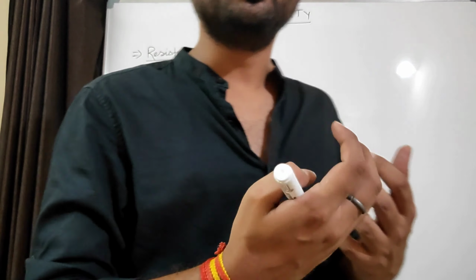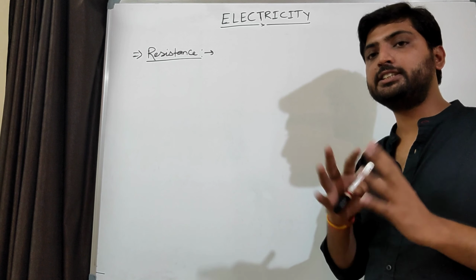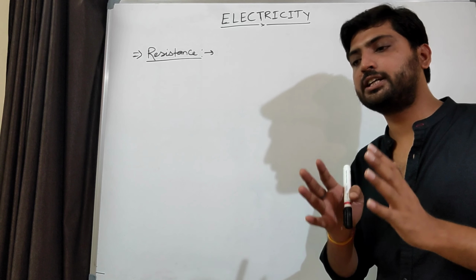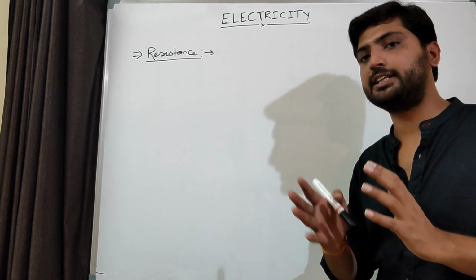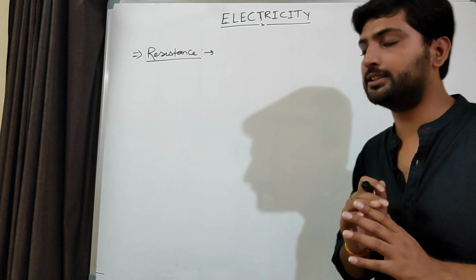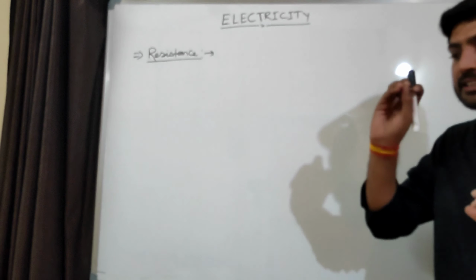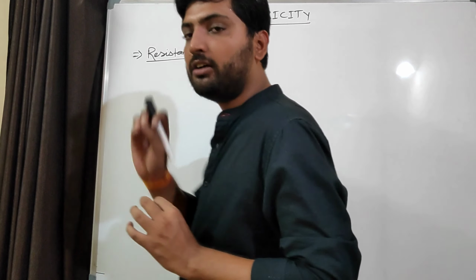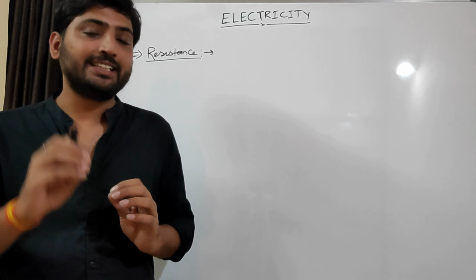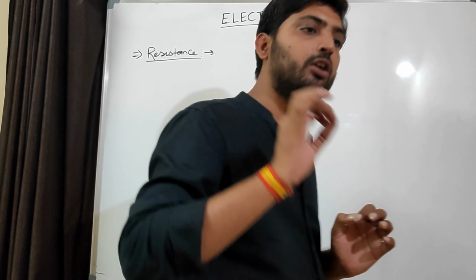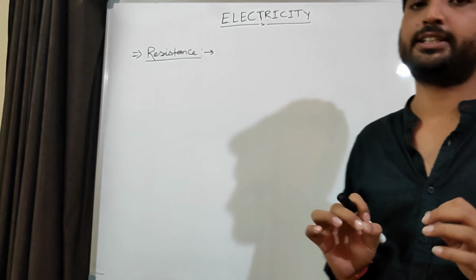Suppose current is moving in a conductor. What is the work of resistance? It will not allow the current to flow through the conductor. It will resist the flow of current. So resistance is a property of a material which resists, or objects to, the flow of current.